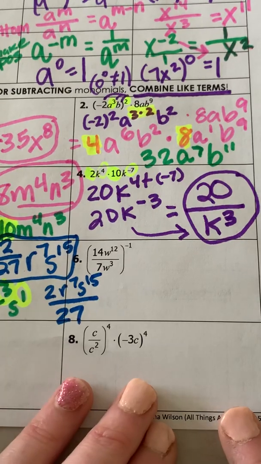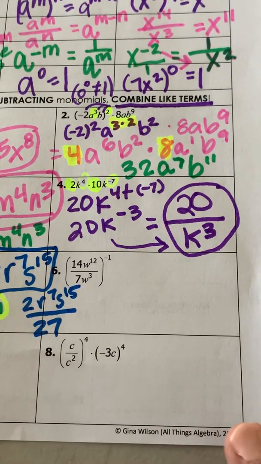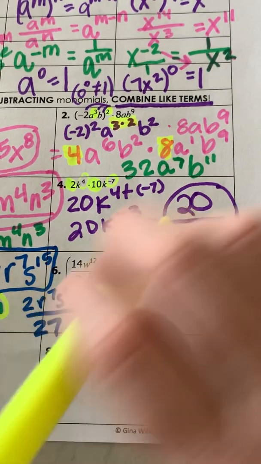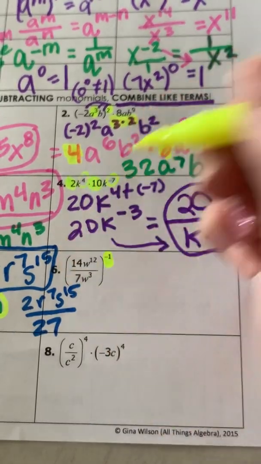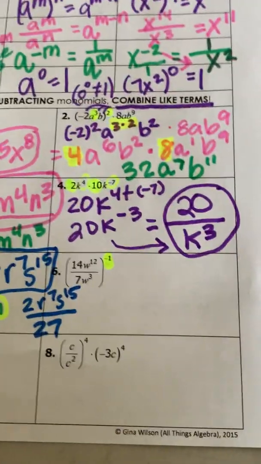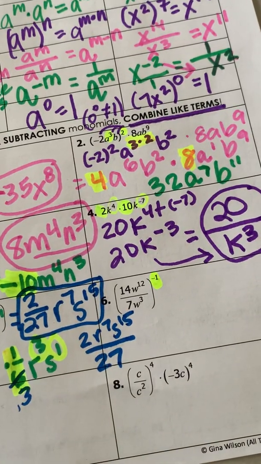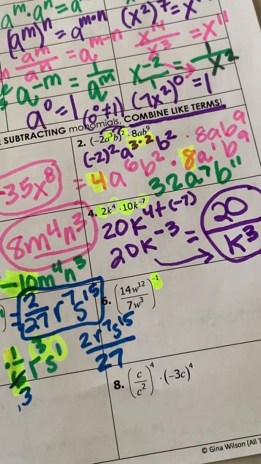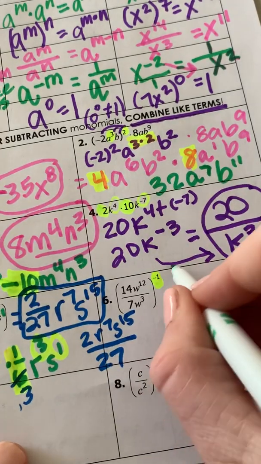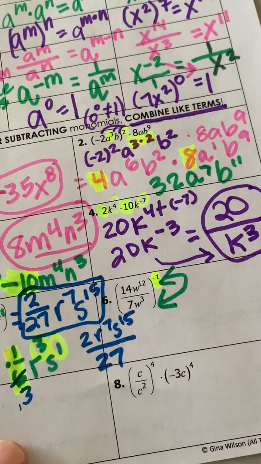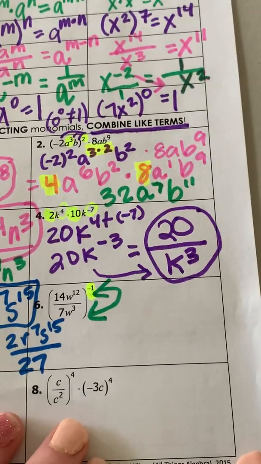Okay, so what's going to happen with 6? When we have a -1 power, the easiest way to think about this is that it becomes a reciprocal. Anything to the -1 power, I can just flip it around and I will have the same thing.